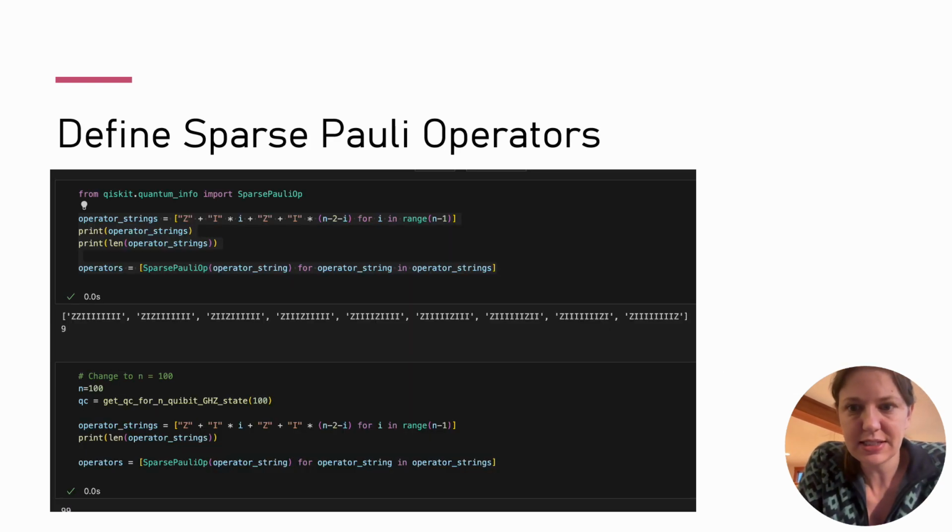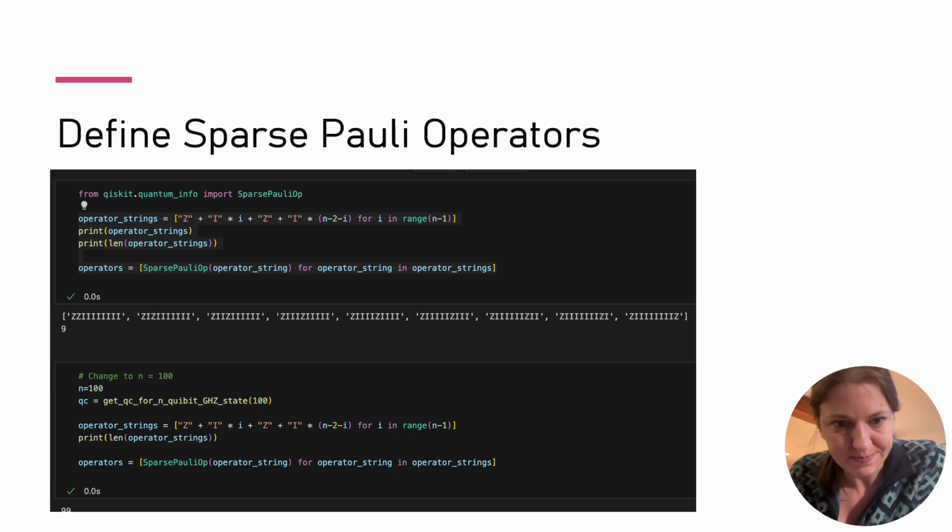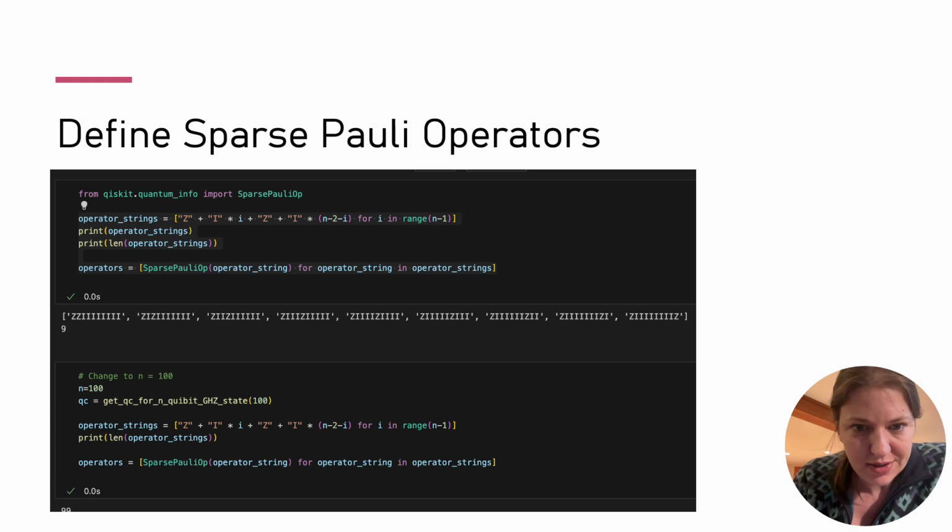And now we're going to need to define sparse Pauli operators, and then once we verify that these are working, we can expand our code to a 100 qubit circuit. So same kind of similar functions as before, and you can see here, these were the sparse Pauli operators for n equals 10, so that we could check to make sure that it's working.